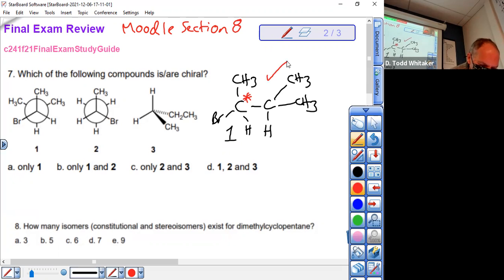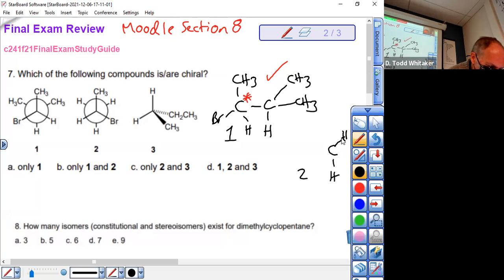Two, not so much, because here's two, same logic. The back carbon, I'll just do to the right, has 3 H's on it. And the front carbon has a CH3 sticking up in the air, an H and a Br.